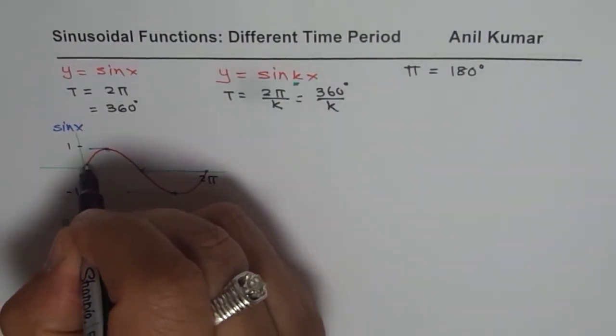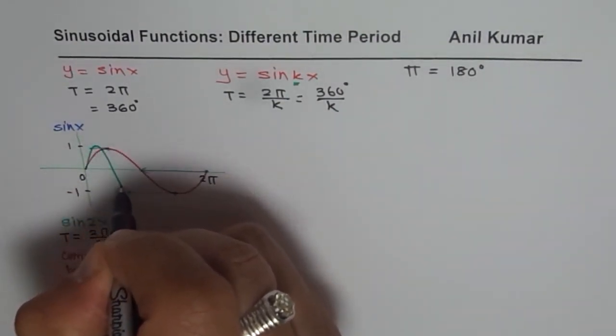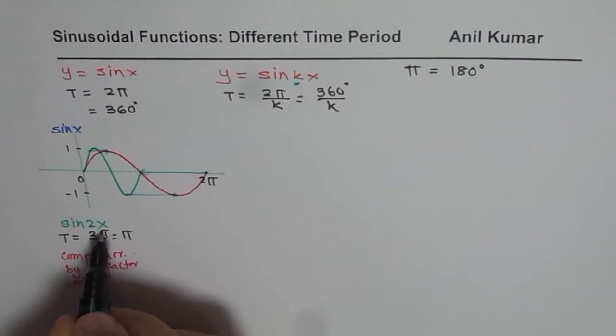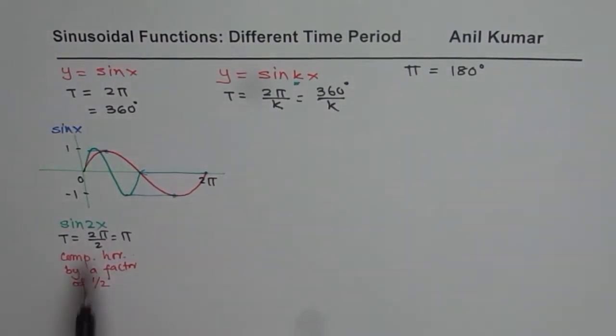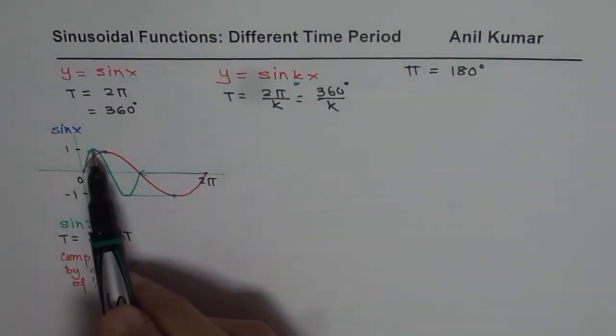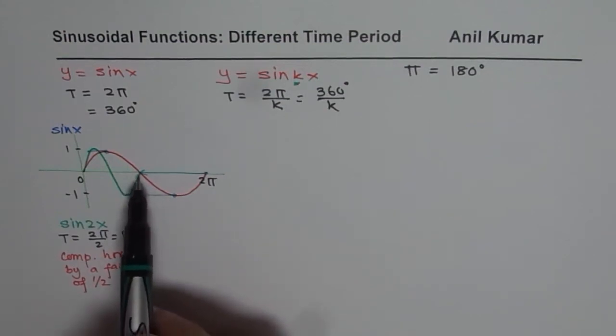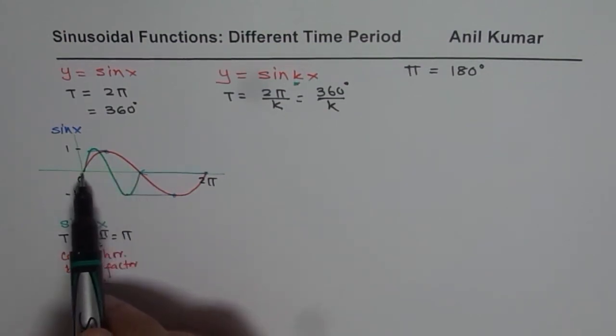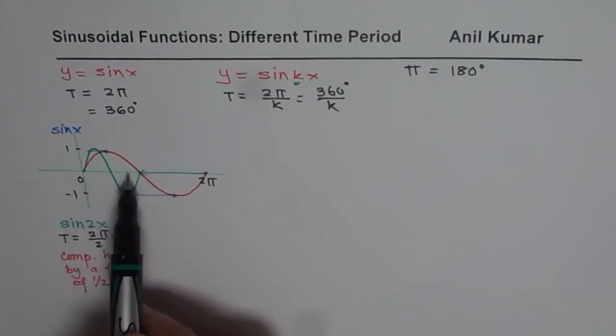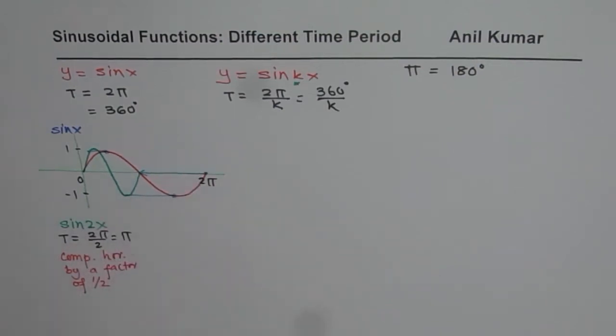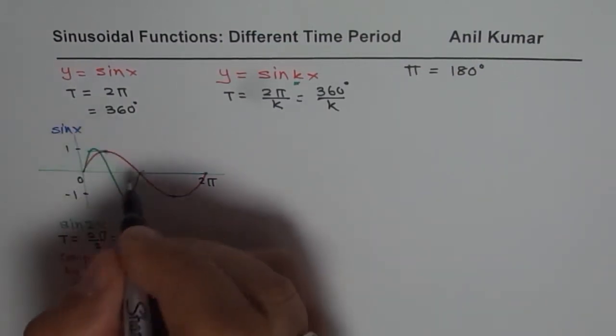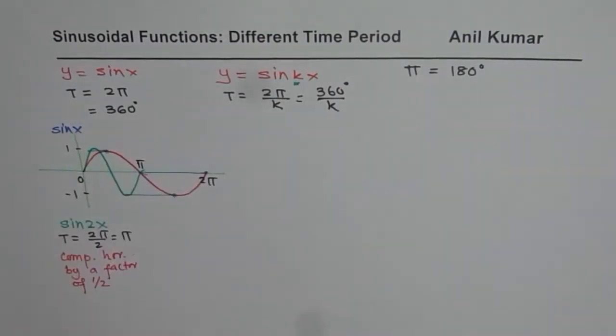So we have a wave which is kind of like this. So this is sine 2x. Do you see that? So sine 2x will be that particular wave. It now has a smaller repeating cycle, or the time period here is just pi, not 2 pi. That is what sine 2x is.